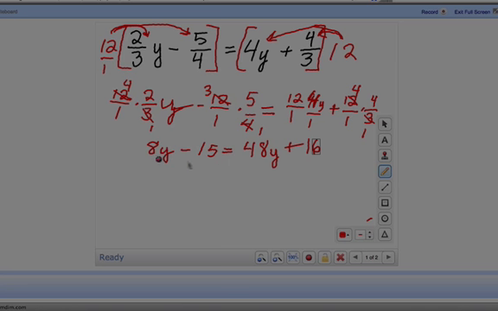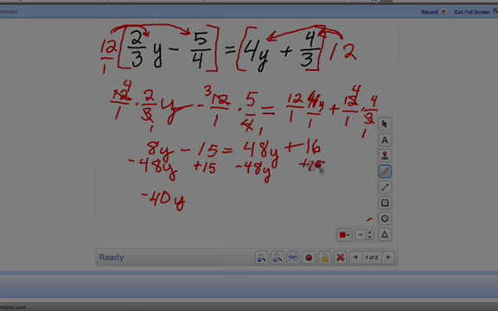Now you have y's on both sides. If you want to move y over to the left, you can subtract 48y, and that's going to give me a negative 40y. To get rid of the minus 15, we want to move it to the other side, so we're going to add 15 to both sides.